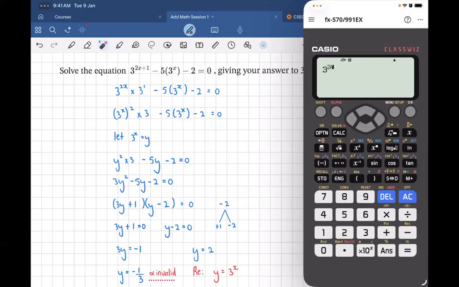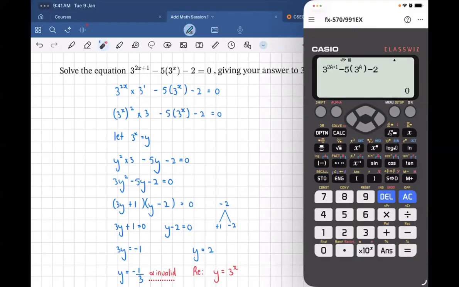So you should have 3 to the power 2A plus 1, right? Then I press the button to the right, minus 5, open bracket, 3 to the power, and then you're going to press Shift, recall, A, right? Close bracket, minus 2. I want everybody to have this in their calculator, and I want you to press equal, and you should get 0.